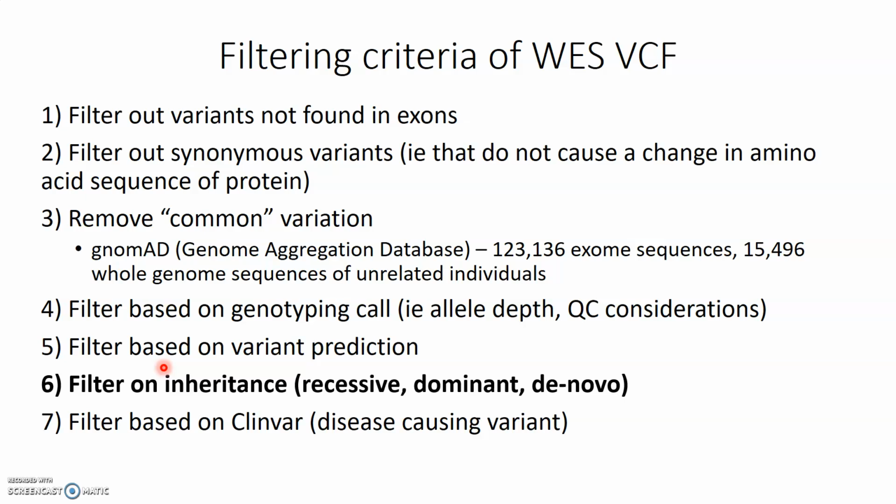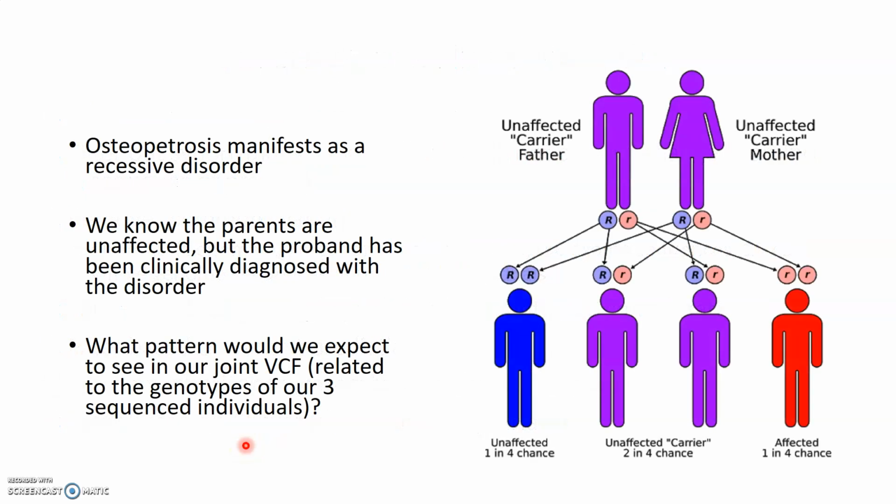An important tool that we can use, especially if we know the inheritance pattern of the disease that we're looking at, is we can filter on specific inheritance patterns that we identify, especially if we have information from a genetic trio like we have in our case. And so osteopetrosis manifests as what's called a recessive disorder.